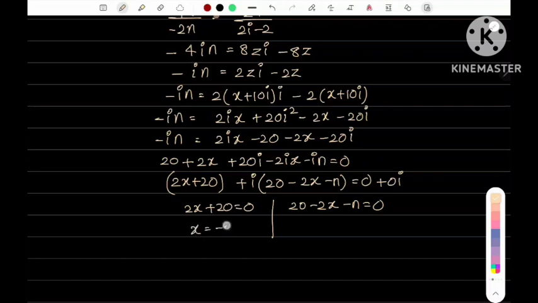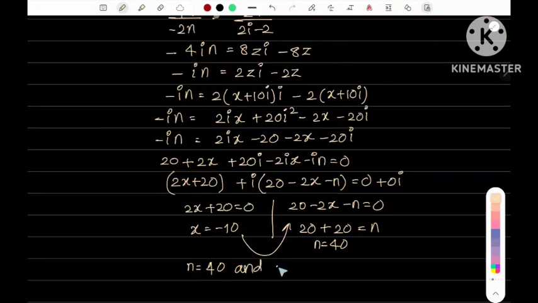So here I will get x is equal to minus 10. And if I put x is equal to minus 10 here, I will get 20 plus 20 equal to n, n is equal to 40. So my answer is n is equal to 40, and real part of z is equal to minus 10.